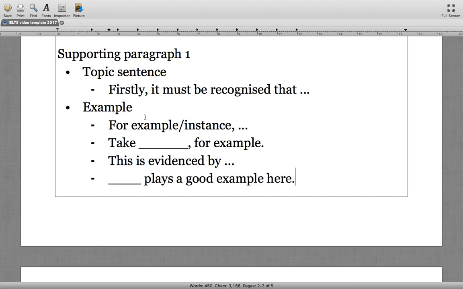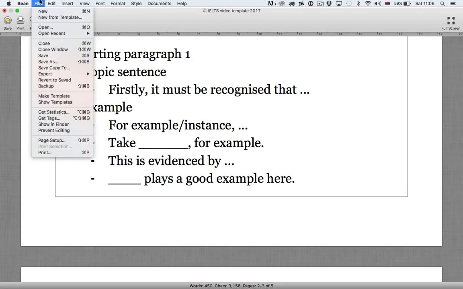And then much like take blank, for example, you're expanding the example into two sentences. So if you were to say something like Microsoft plays a good example here, at Microsoft, blah, blah, blah, whatever the example is, and then carry on to the discussion sentence after that. Now let me just put this onto one page so that we can see it clearly.